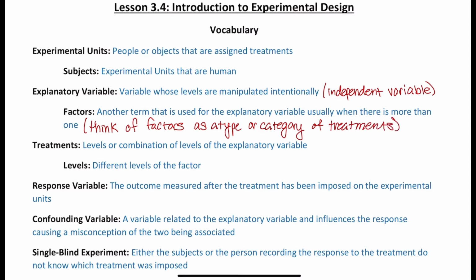And treatments are those levels or combinations of levels of the explanatory variable. So when we talk about treatments, a lot of the questions ask you to define what those treatments are. And the treatments are just the actual thing that's going to be imposed on the units or subjects if we're dealing with humans.